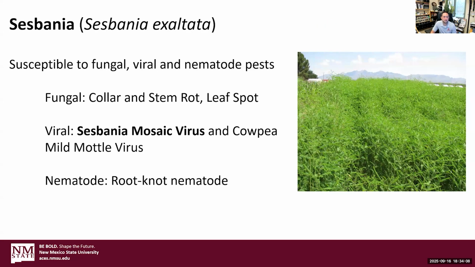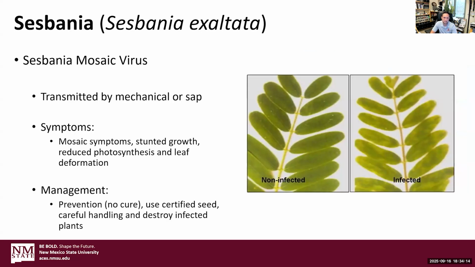For sesbania, the viral disease that we'll highlight is sesbania mosaic virus. This is transmitted by mechanical transmission or through sap. So if you're rubbing a plant, or walking right by it and some sap gets on you, you can transmit it that way.